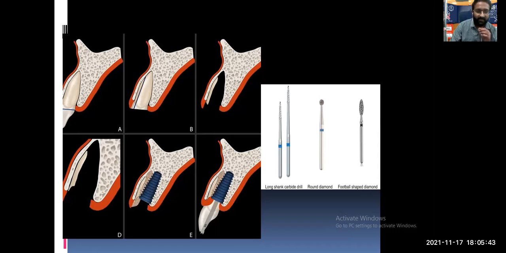And then, as you can see in picture D, contouring on the buccal side is also done to enable closure of the flap. A football-shaped diamond is used for contouring the buccal side. And then the immediate implant placement is done, as you can see in picture E. And then a jumping distance of 2 mm is maintained.